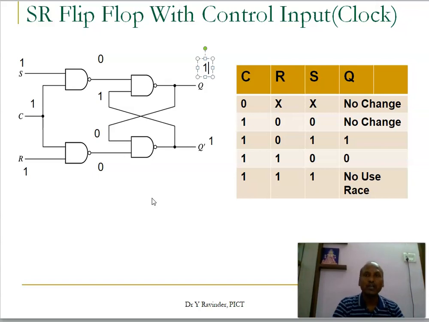When the set is 1, reset is 0, the output will be set to 1. When both are 1s, the output will not be useful. Both outputs Q and Q complement try to be 1, which is contradictory. That is why I will never allow the inputs R and S to both be 1.